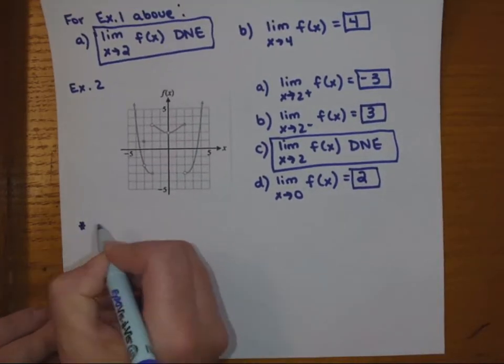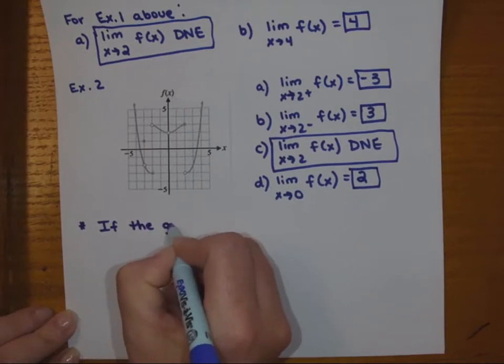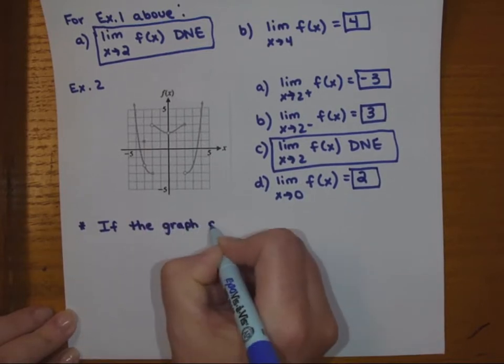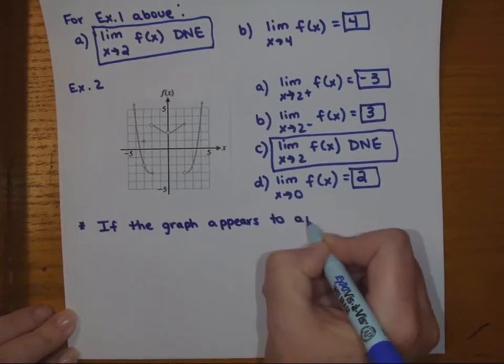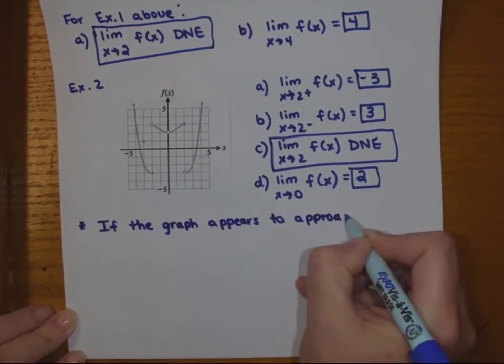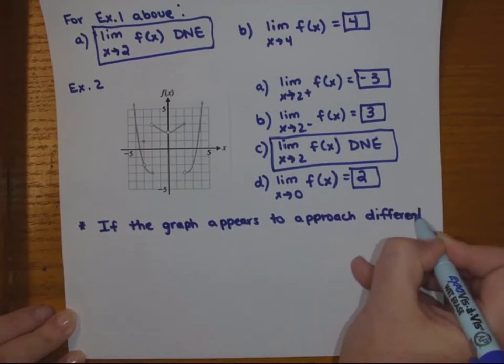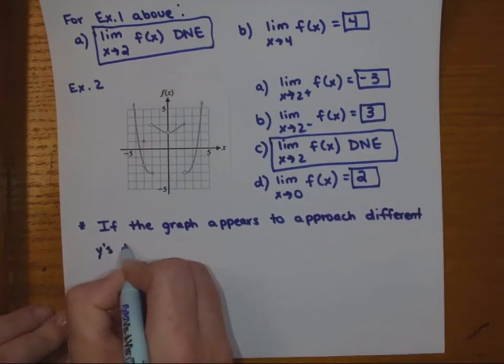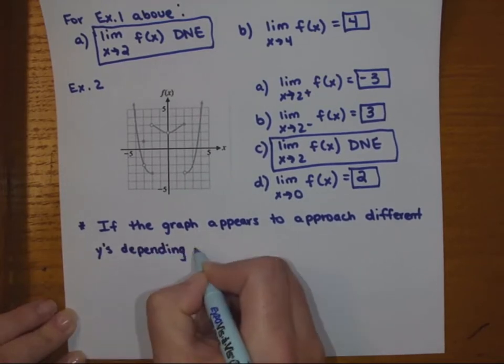So the gist: most of the time you're really going to be asked about two-sided limits. But if the graph appears to approach different y's depending on which direction you come from, then the limit does not exist.